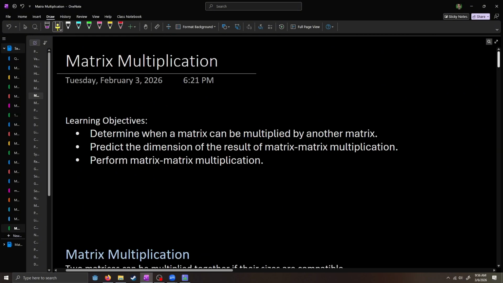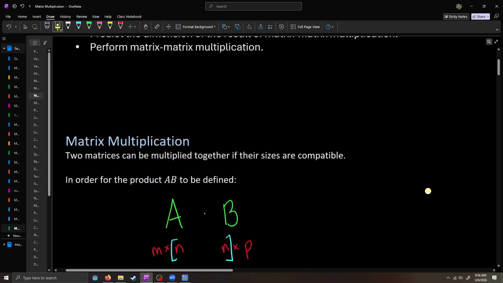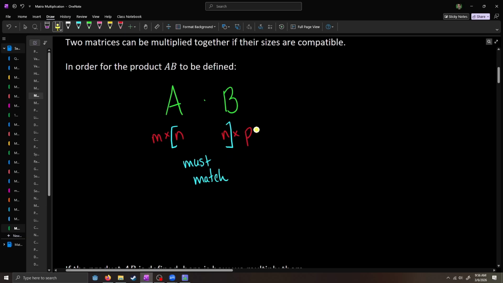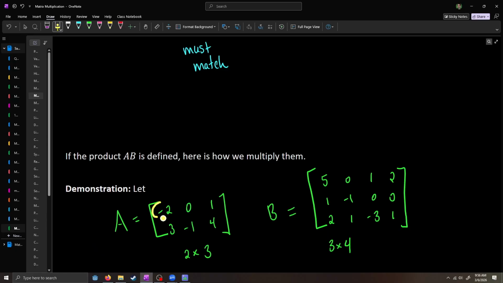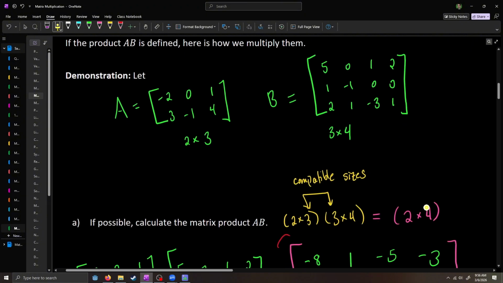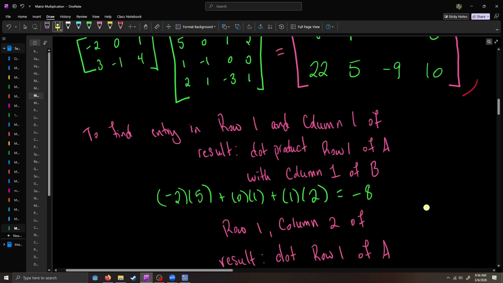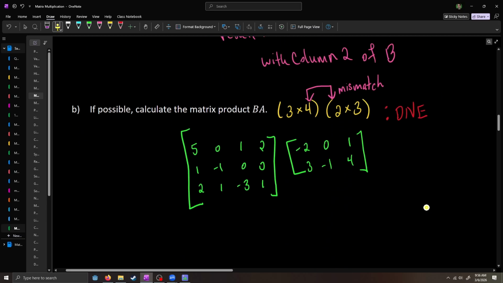Okay, that concludes our talk about matrix multiplication. If two matrices are compatibly sized, you can multiply them together. To multiply two matrices together, you use dot products between the rows of the first matrix and the columns of the second matrix. Matrix products are heavily sensitive to the order of multiplication.